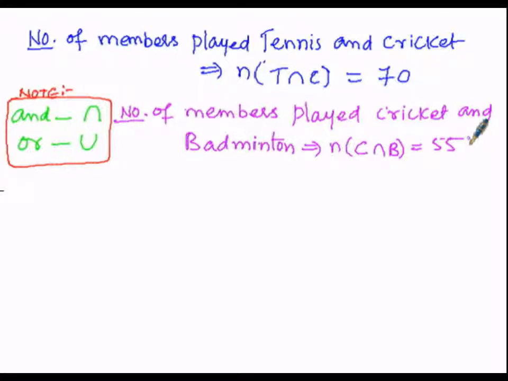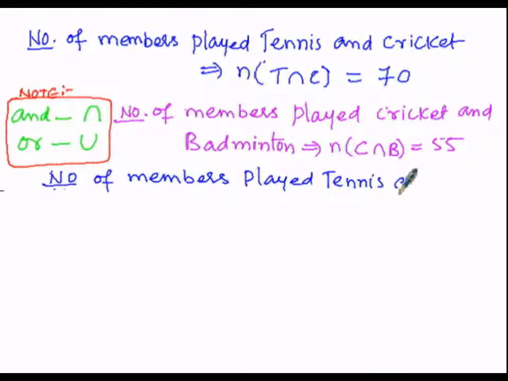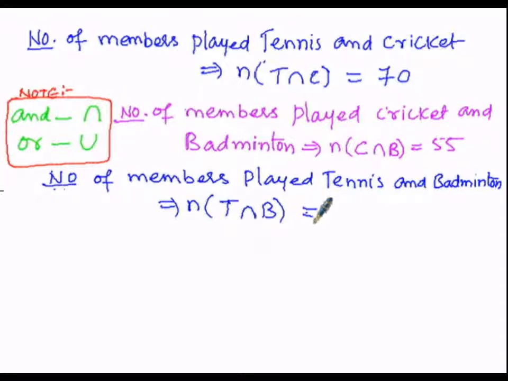Then the number of members who played tennis and as well as badminton, n of T intersection B, is 60 members who played both tennis and badminton.